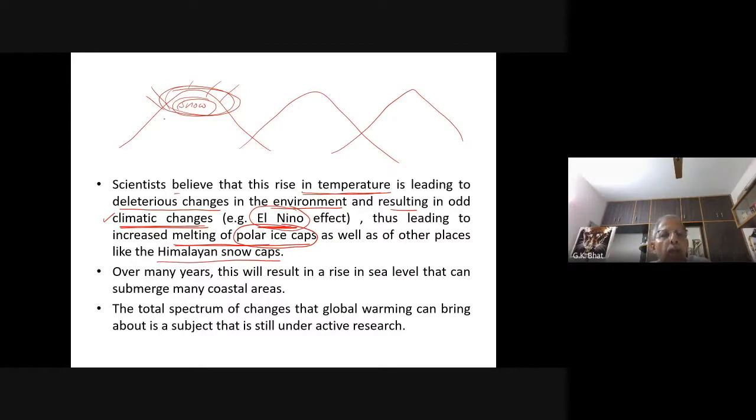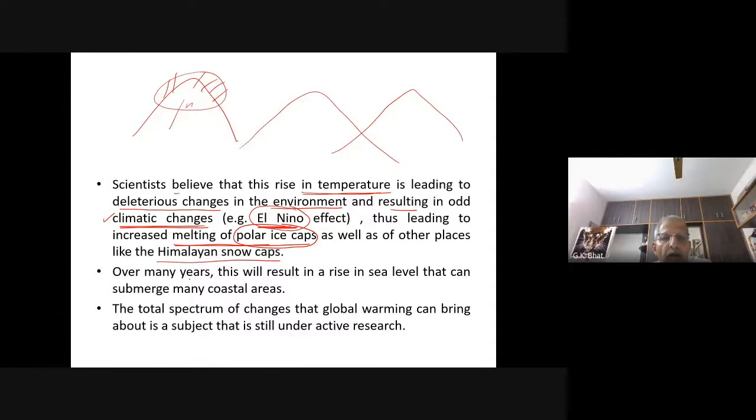Throughout their lifetime, they have always seen snow-covered mountains. But now, these people are telling that they are seeing some of these mountains without any snow, with bare areas of rock exposed. To form it, how many years it has taken, and to melt it is happening within a few years.